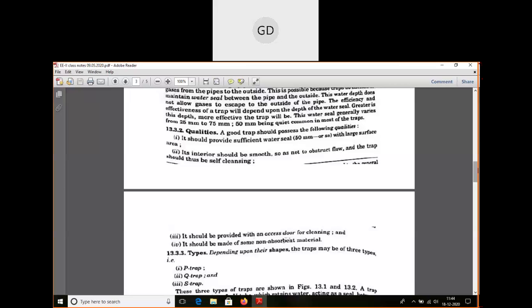Then it should be provided with an access door for cleaning, so that you can clean the interior of the trap, and it should be made of some non-absorbent material.